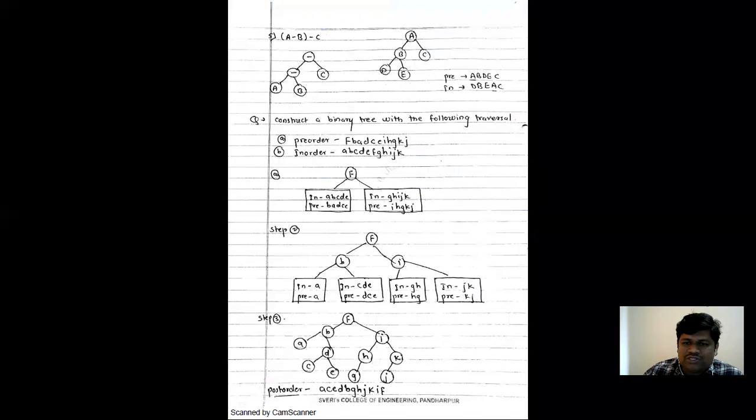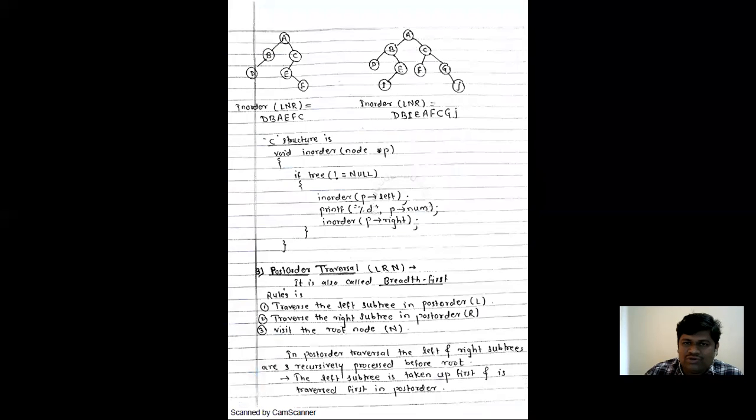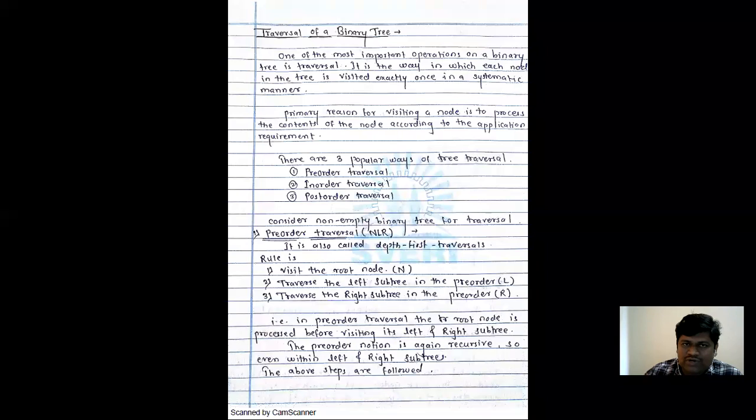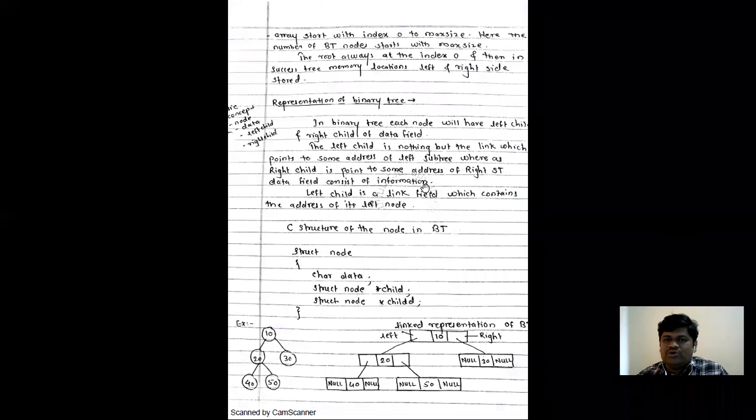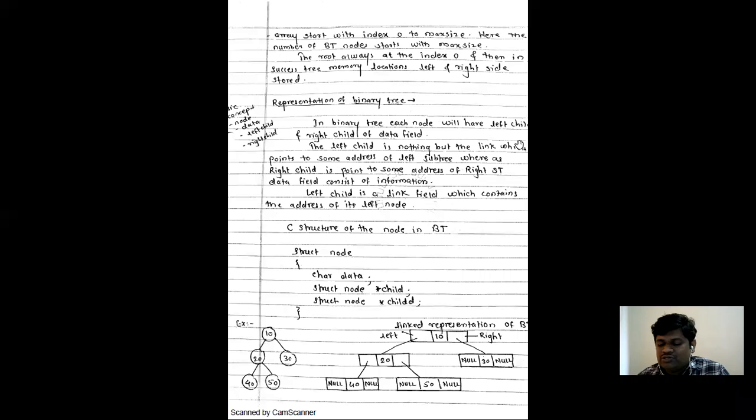Now up to this, is there any doubt? Whatever part we have discussed today, up to the representation of a binary tree: today we discussed the definition and representation.